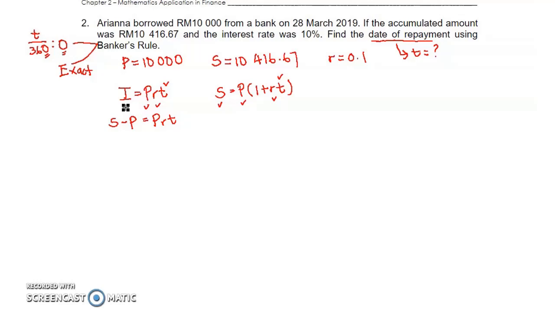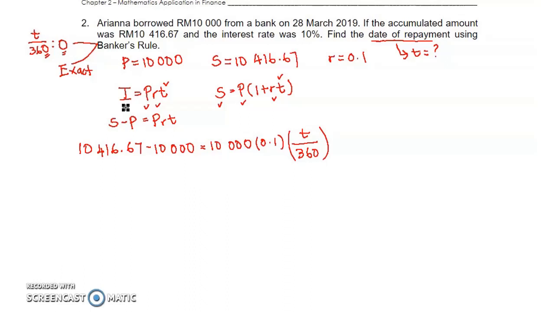Okay, now substitute the values. I equals S minus P, so 10,416.67 minus 10,000 equals P, 10,000, times R, 0.1, and T. Remember T is banker's rule, so T divided by 360.